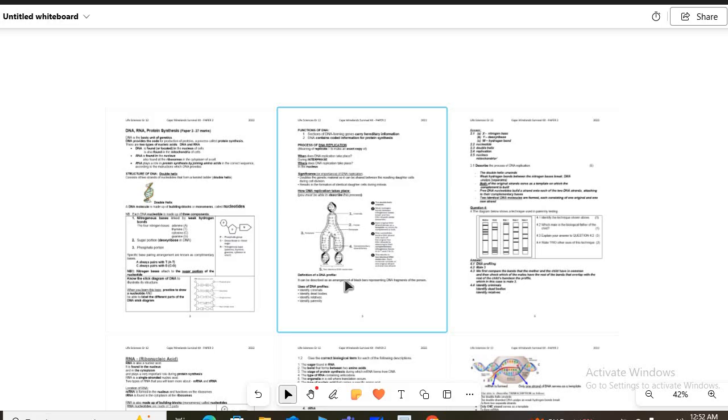Now the significance or importance of DNA replication. DNA replication is important because it doubles the genetic material, so it can be shared between the resulting daughter cells during cell division. It also results in the formation of identical daughter cells.